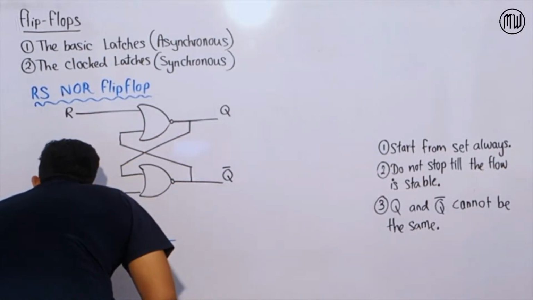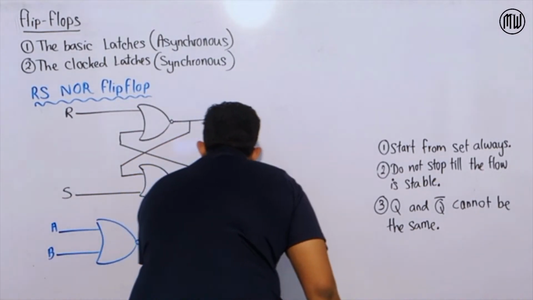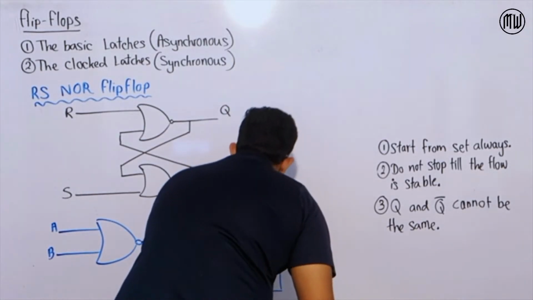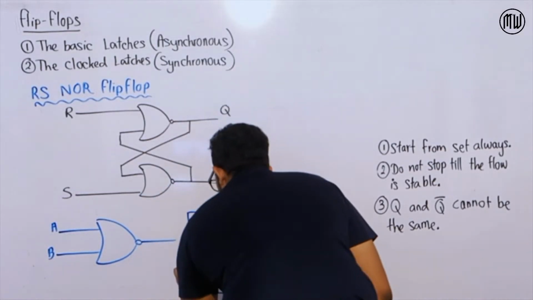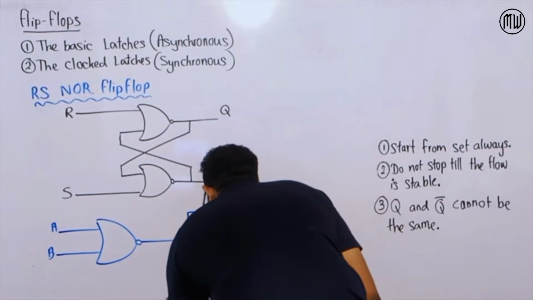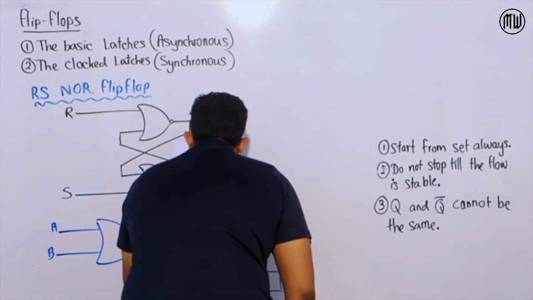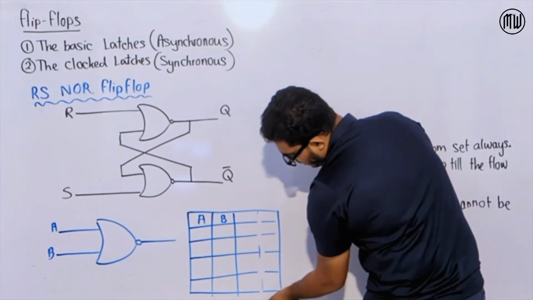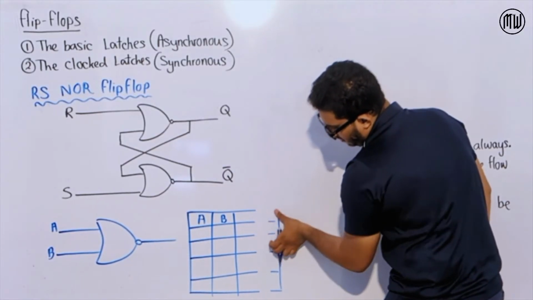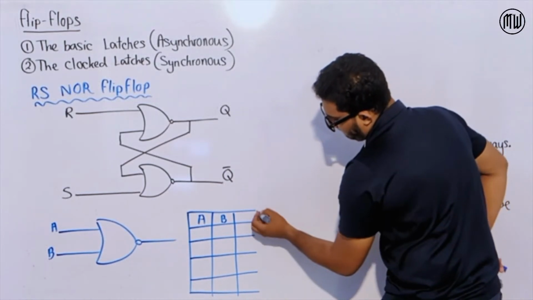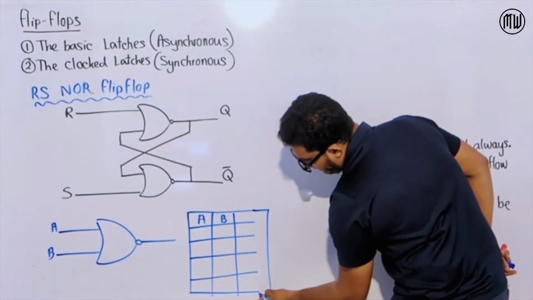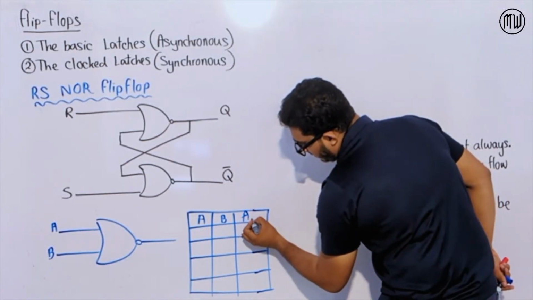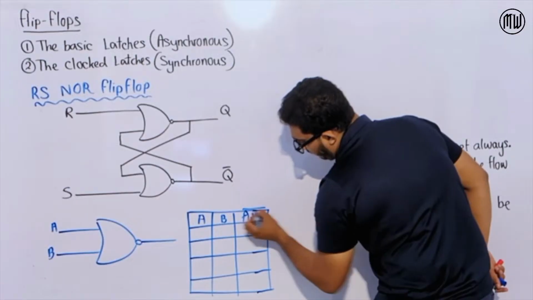We have A and B, and the output is A plus B, whole bar.